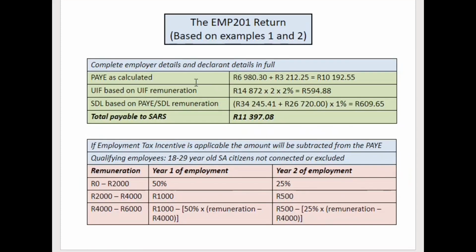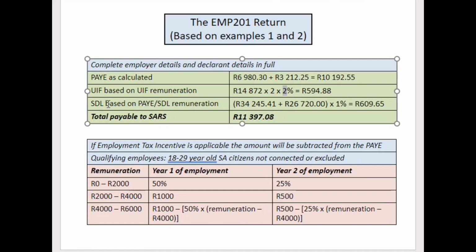Then when we now do the EMP 201 return, we take all the pay as you earn that is calculated, because that's just an amount that must be paid to SARS. Then you take your UIF remuneration that you calculated and you multiply it with 2%. I say times 2 because both of these are subject to the threshold.